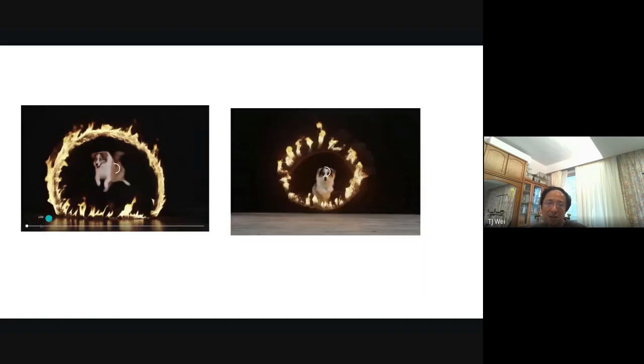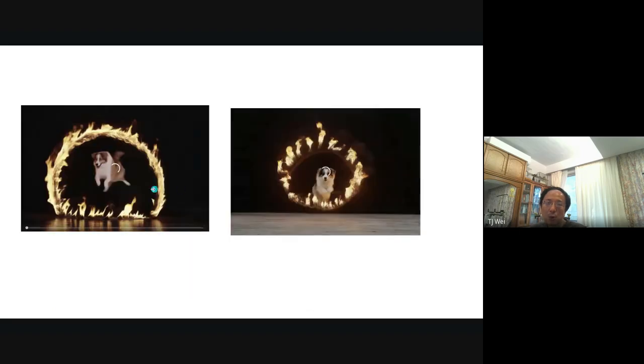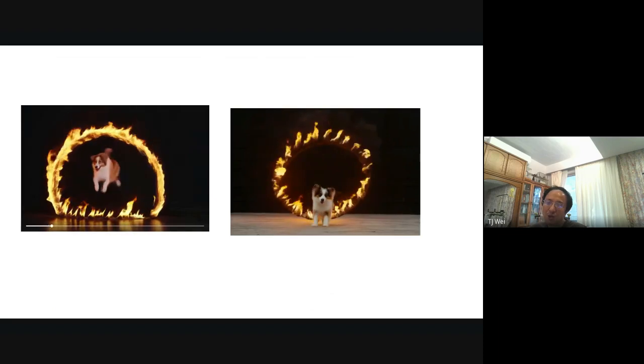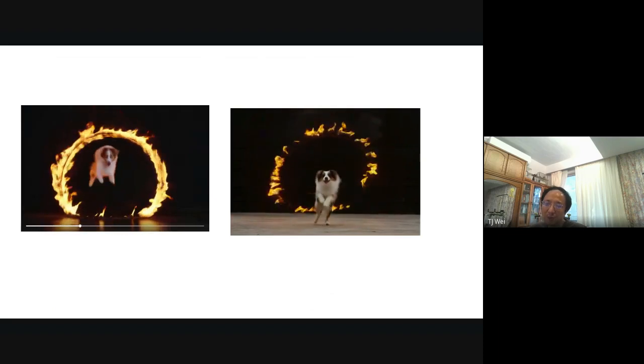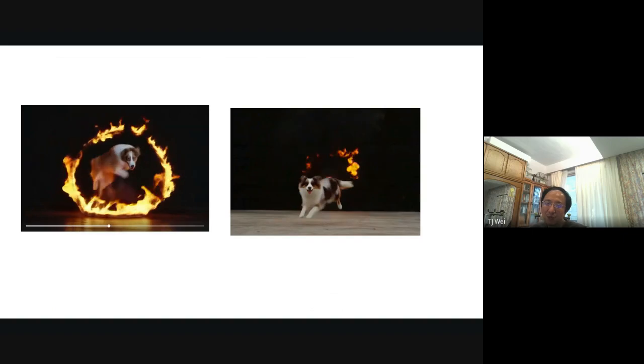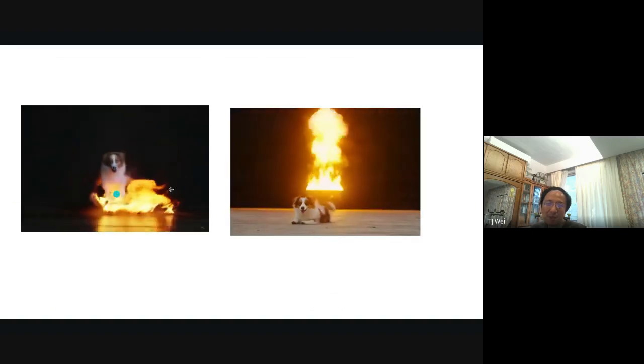And this is the same prompt, like a dog jumps through a fire ring and becomes a Phoenix, or becomes a fire bird. This is the same prompt using the Hunyuan or Wan model. So they did pretty well for a dog jumping over a ring, but the dog never becomes a bird.